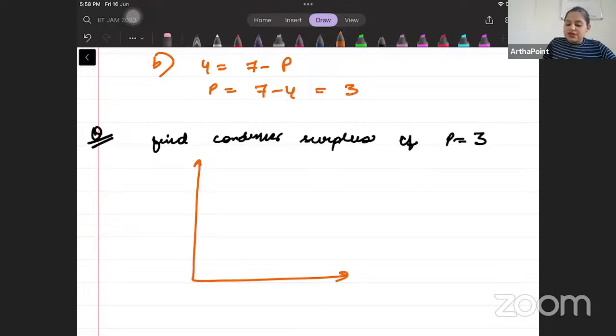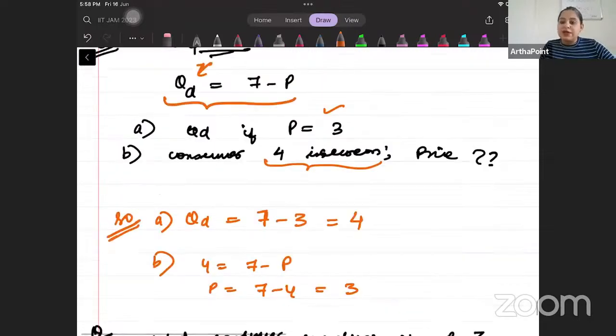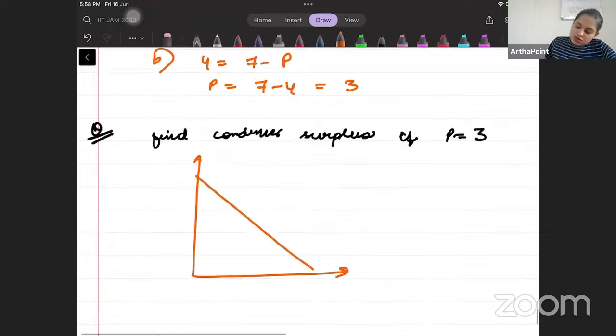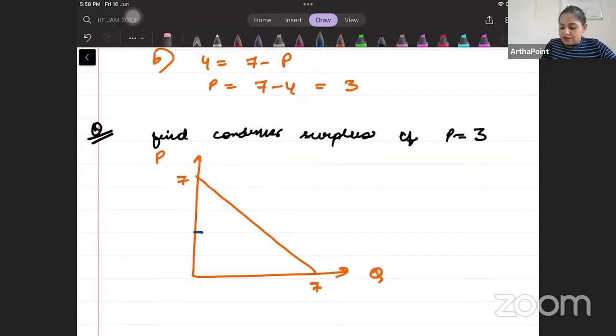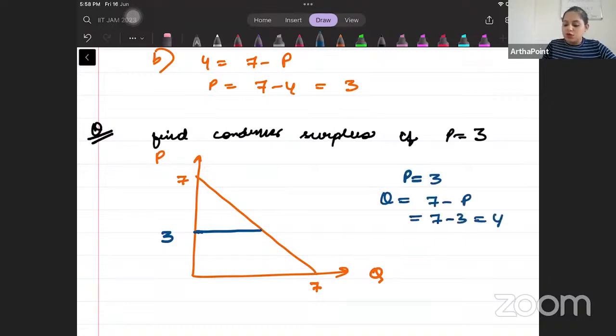My demand curve is QD is equal to 7 minus P. So this is something like this. This is also 7 and this is also 7. This is P and this is Q. It is telling me that price is kept at 3. So beta, when P is 3, what will be Q? 7 minus 3, that means 4. So Q will be 4.